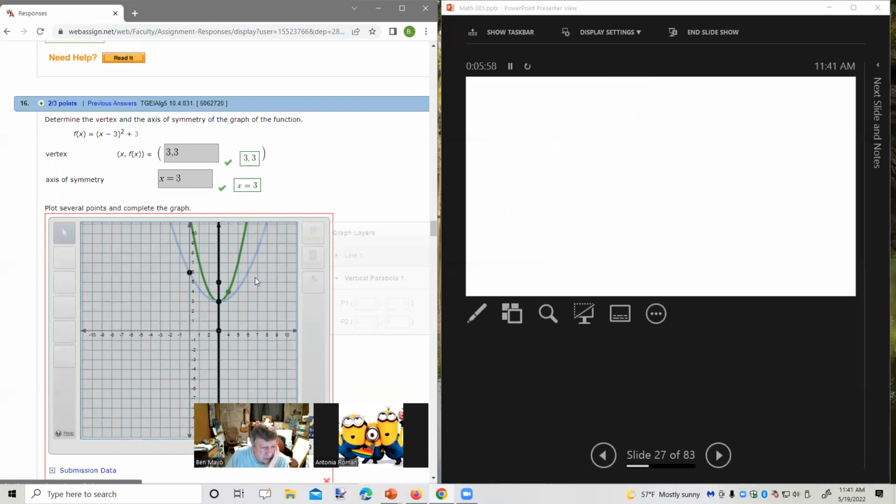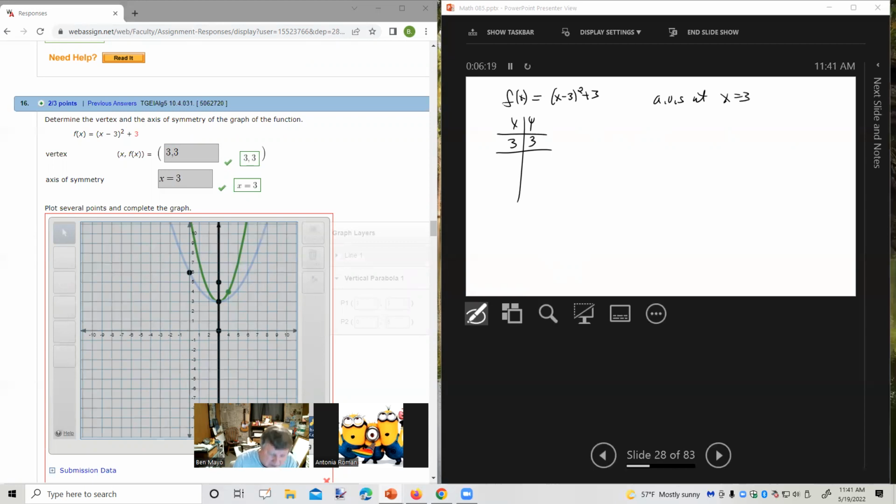Okay, well, let's go back and look at it. So you know this, hang on, f of x equals x minus 3 squared plus 3. So you knew that the vertex was at 3, 3, and the axis of symmetry at x equals 3.